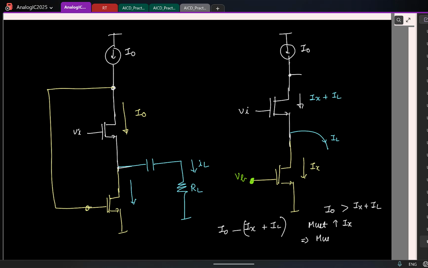That should also increase. And if I0 is greater than Ix plus IL, what do you think will happen to this voltage Vx? I am pushing in more current than the current that is being pulled out. So this voltage is increasing, and you want this to increase. So once again the same thing, you go on.